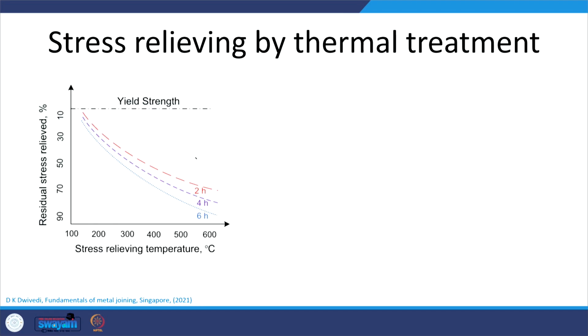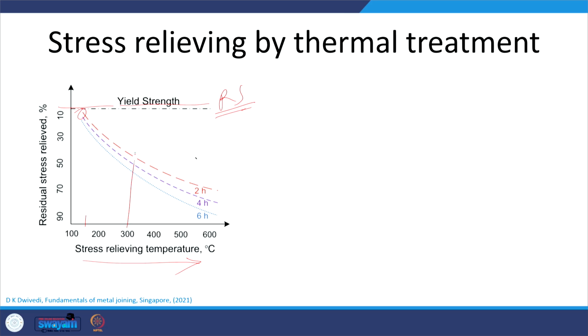So, we can see here, if we increase the stress relieving temperature, initially the residual stress magnitude can be maximum up to the yield strength. If we do heating at a low temperature, then the reduction in the yield stress is marginal.